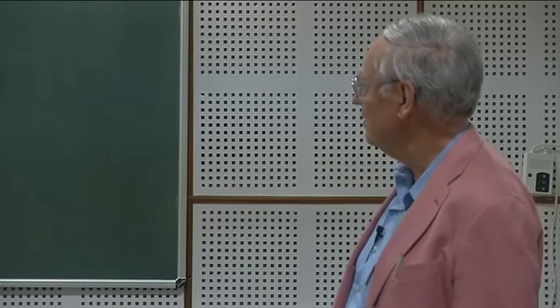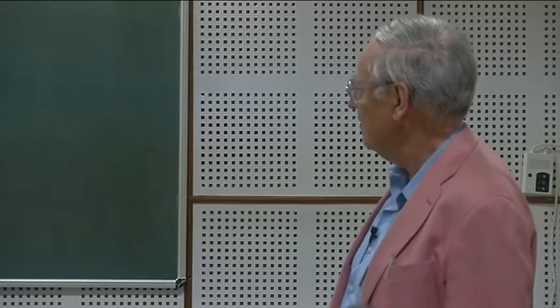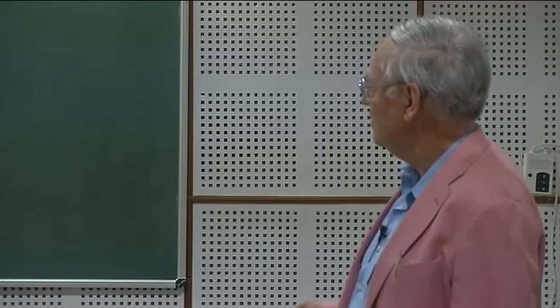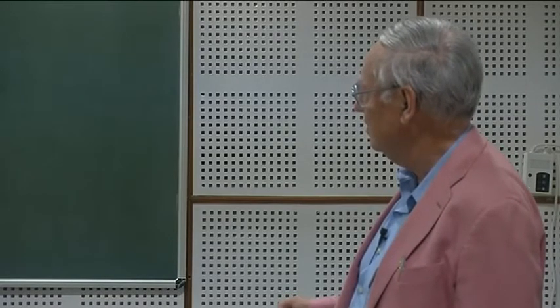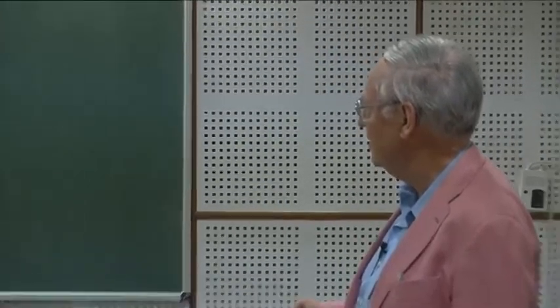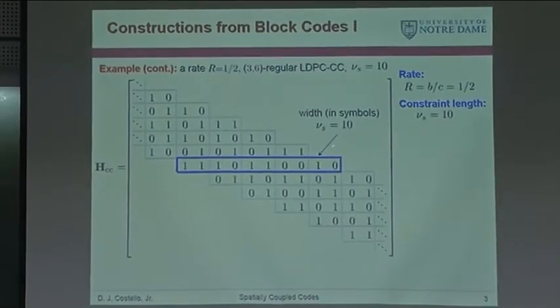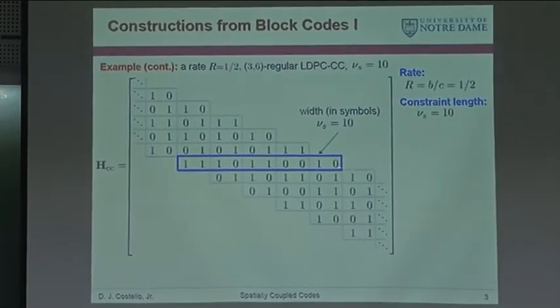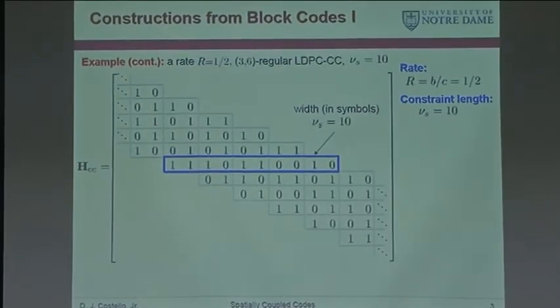So here's an example. I think it's the same code. So we have the little submatrices in this example are just little 1/2s. So the rate then, b over c, is just 1/2. Okay. The width of a row in symbols is 10, so that would make our constraint length 10.